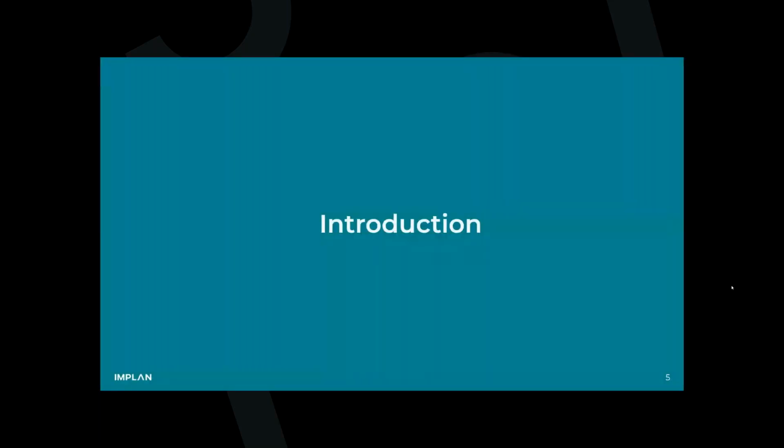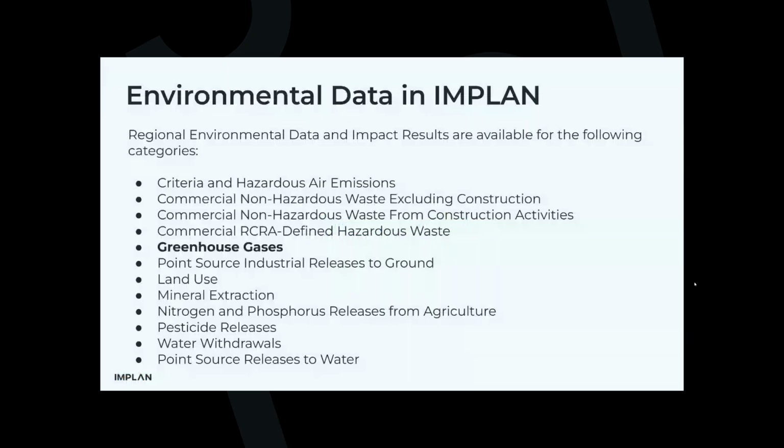Thank you so much, Candy. Let's go ahead and dive into an introduction, a little bit about what Scope 1, 2, and 3 is and what IMPLAN has to offer on environmental data and environmental impacts. To give a little background on where we've been so far, environmental data in IMPLAN covers a range of categories.